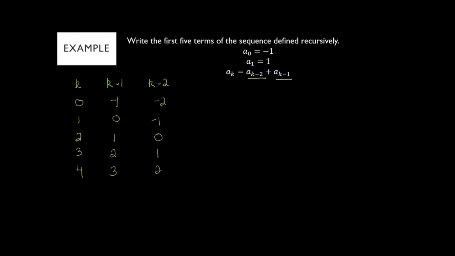So we know A0 and A1. I can't actually start with k equals 0, because I don't have a minus 1 and a minus 2 in my terms. I can't use this one because I don't know what A negative 1 is, because I don't have that. I only have 0 and 1.